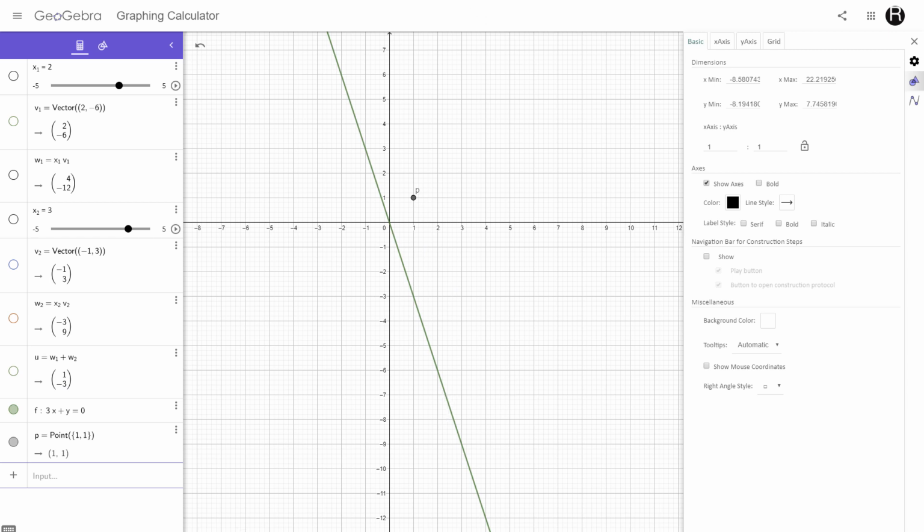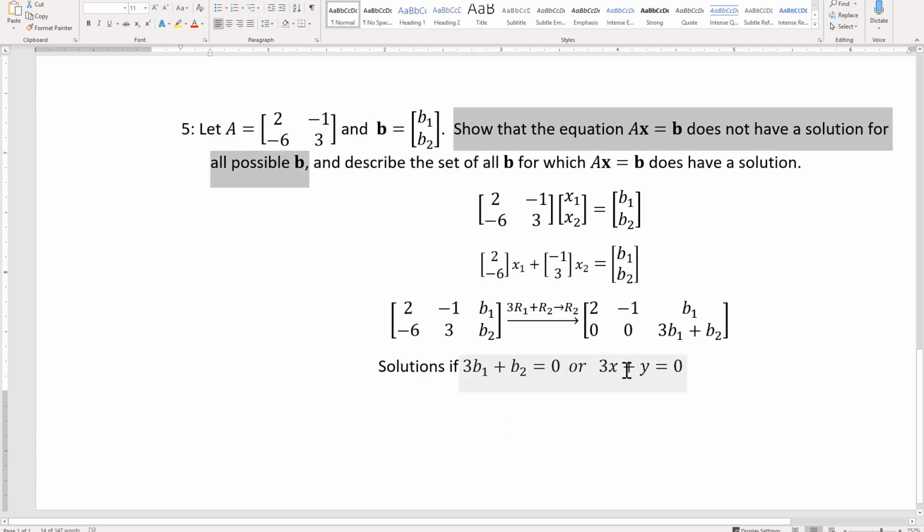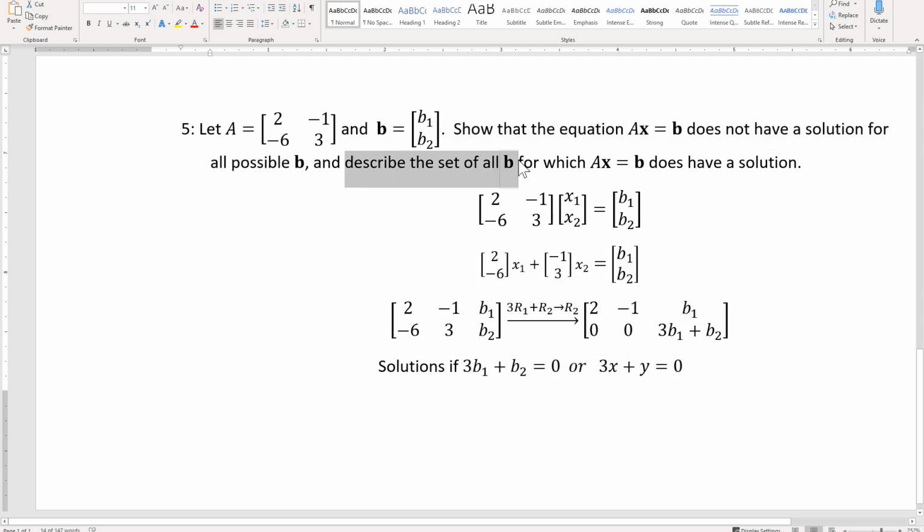Any random point that I pick, the only points that describe the set of b for which Ax has a solution are those on this line. If I pick a point that's on this line, then I would be able to satisfy my vector equation.